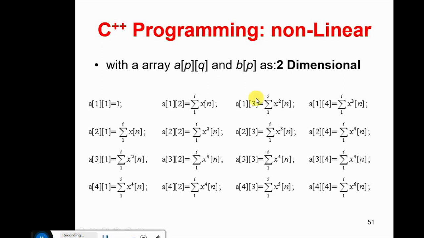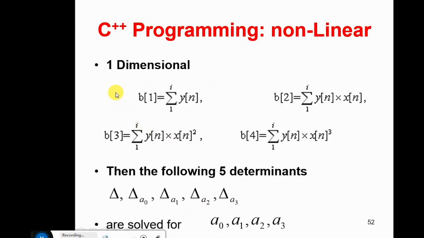And once you find that, you have a matrix. So this is the first element A11 and this is the last element A44. So this is the entire matrix, and the corresponding y values are shown as B1, B2, B3 and B4, which is summation y into x to the power 0, y into x to the power 1, y into x to the power 2, y into x to the power 3.